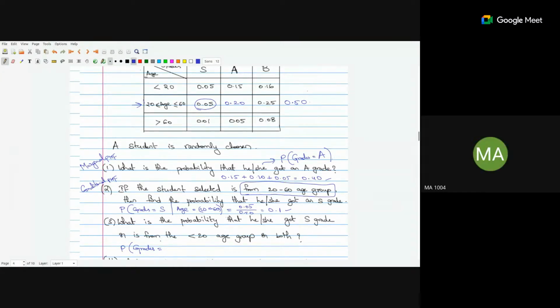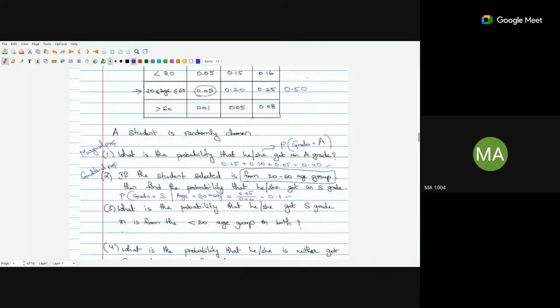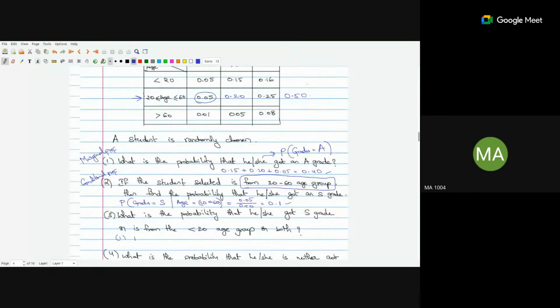Okay, let's discuss this. I will give you three options. Just let me see how many of you choose the correct option. The first option, let me write it here, is the probability that grades is S plus the probability that the age random variable is less than 20 plus the probability that grades is S and age is less than 20.